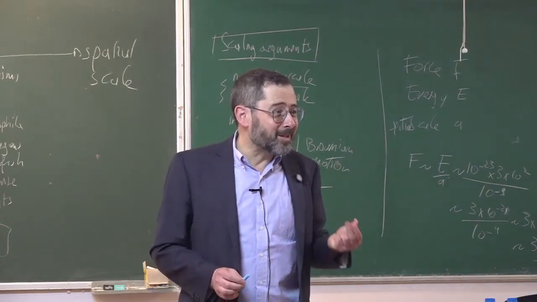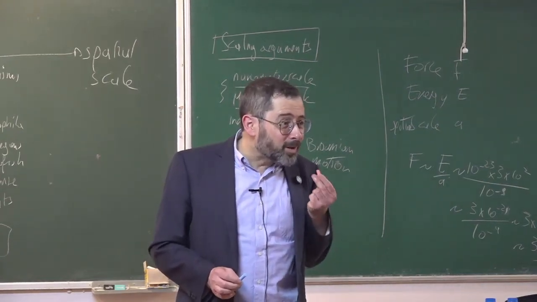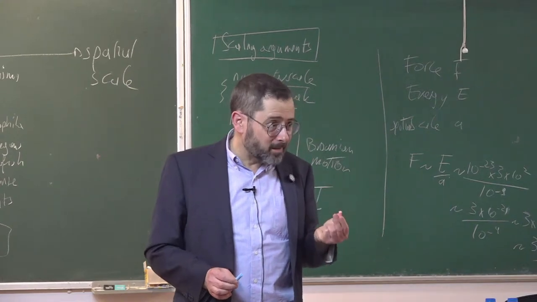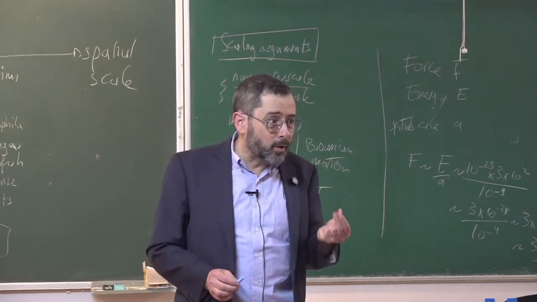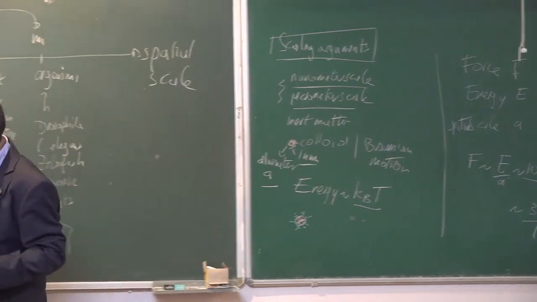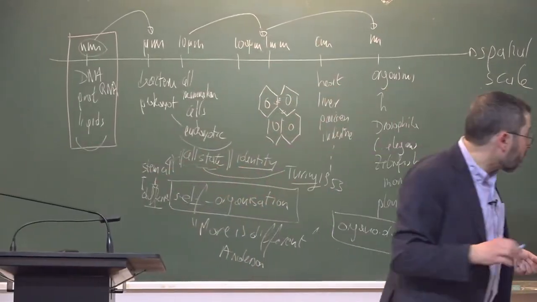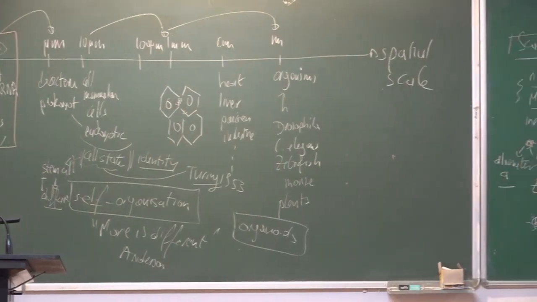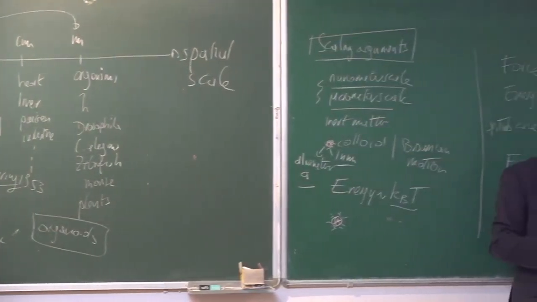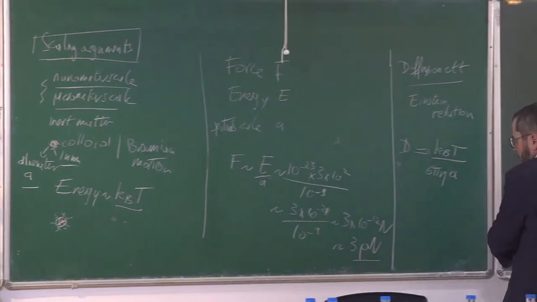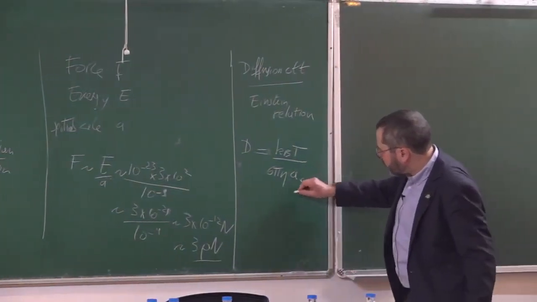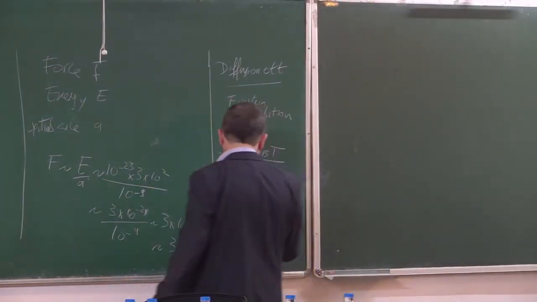So basically, at the end of this lecture, I would like you to remember only one thing: it is kT, right? kT is going to be the energy of all the objects we are talking about, when they are inert, basically. So I'm having kT, and I need to define the terms that are below. Here I have a, which is the size of the colloid. Here I have the viscosity.